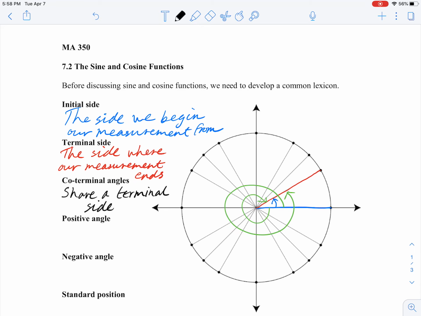Next, a positive angle. Any angle formed by rotating counterclockwise.